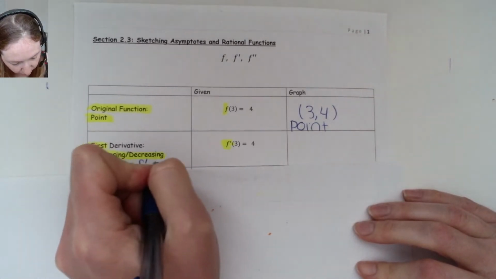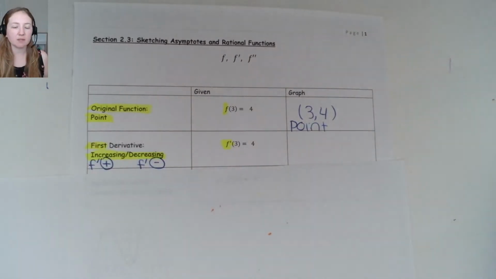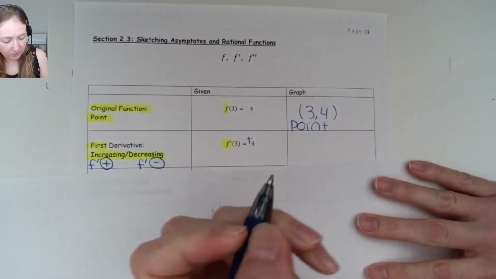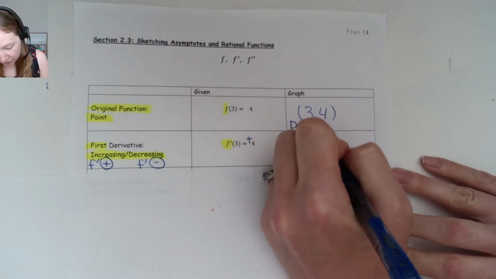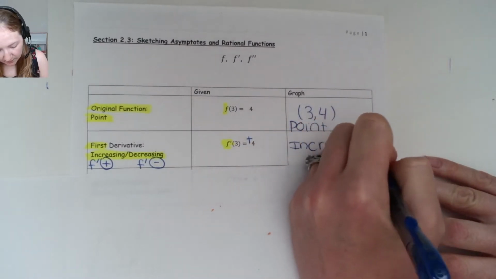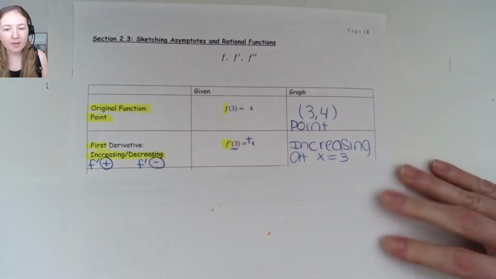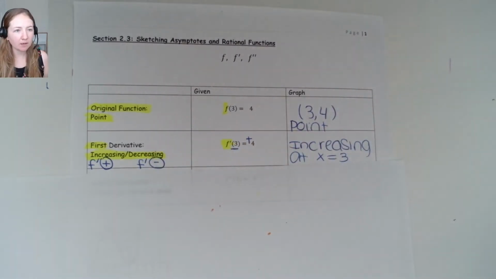And if the first derivative is negative, then it's going to tell us that it's decreasing. So when they give you information where they're saying f prime of 3 is equal to 4, that positive is going to tell us that this function is increasing at x is equal to 3. And again, that x equals 3 is coming from the 3 in the parentheses.